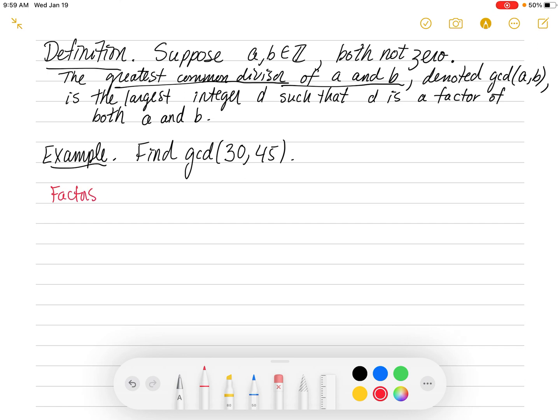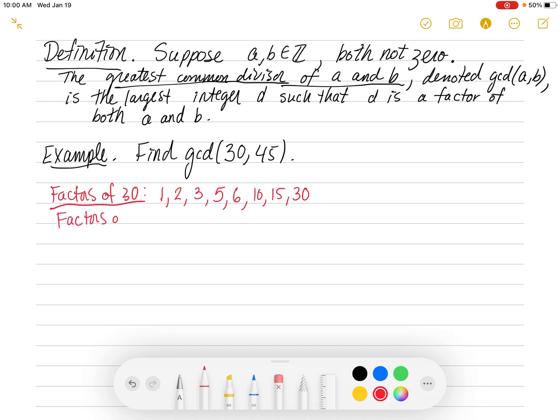I could look at the factors of 30. What are the factors of 30? 1, 2, 3, 5, 6, 10, 15, and 30. Those are the positive factors.